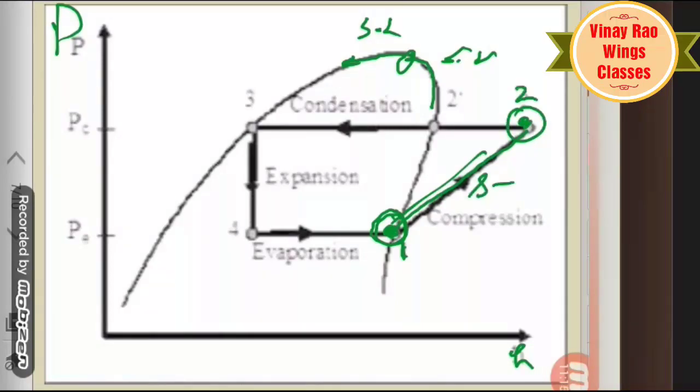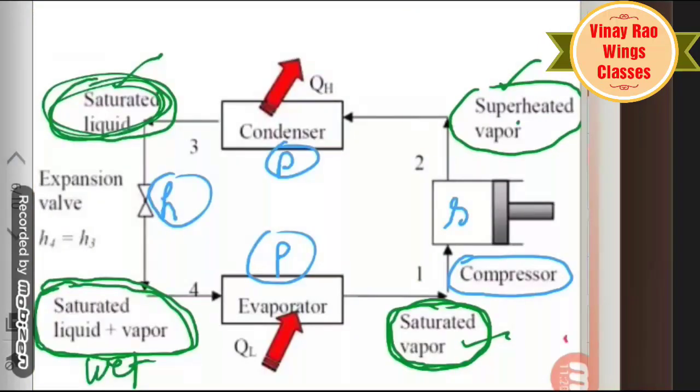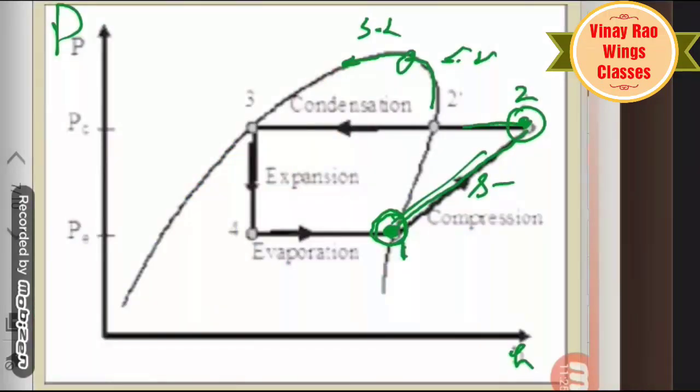After this, this is point number 2, and then 2 to 3. Point number 3 is on the saturated liquid line, from superheated to saturated liquid. This is the saturated liquid line. This is point number 3. Here the pressure is P2, and here the pressure is P1.